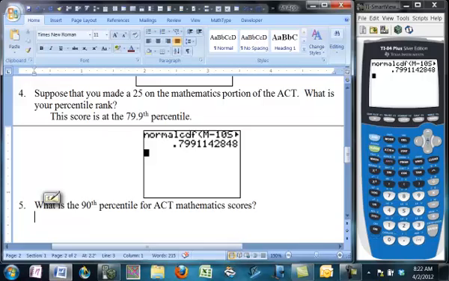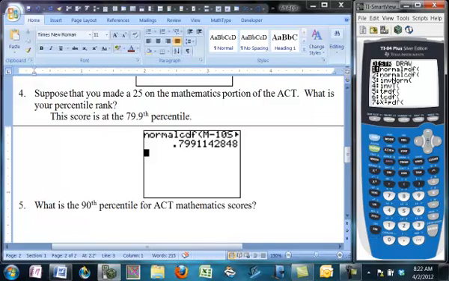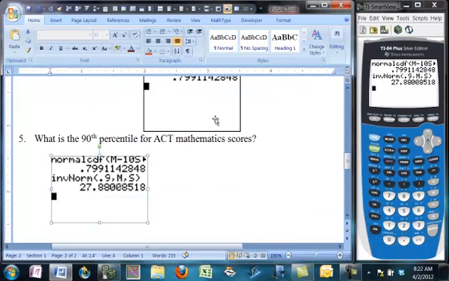So this is where we have to use an inverse normal. And again, we're lucky because this is built in, so it's just number 3 here. Inverse normal, we put in the percentile, the percentage that's to the left, the 0.9, and then comma. Now we just give it the M for the mean and the S for the standard deviation, and hit enter, and it'll return, in this case, the X value, which is the ACT score.